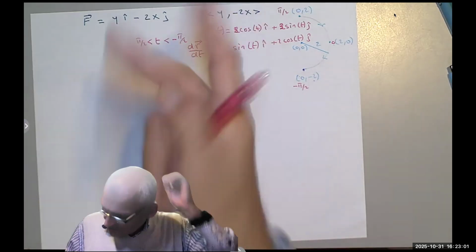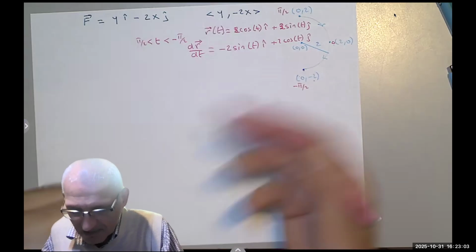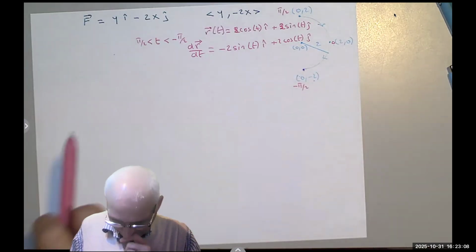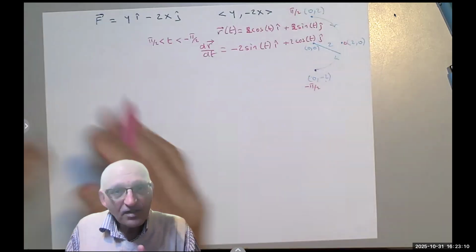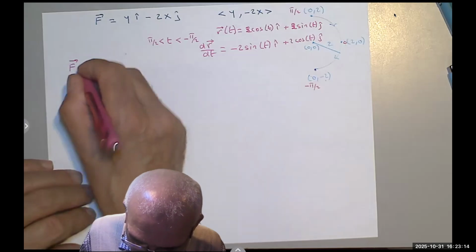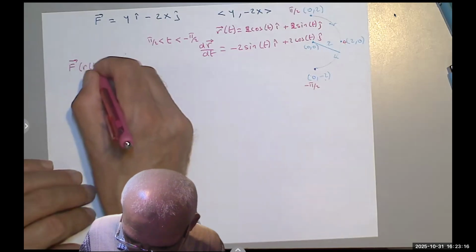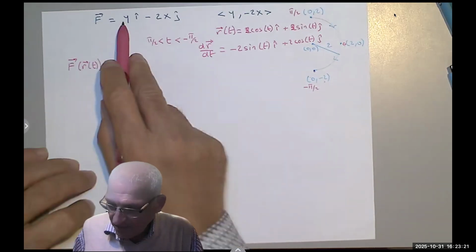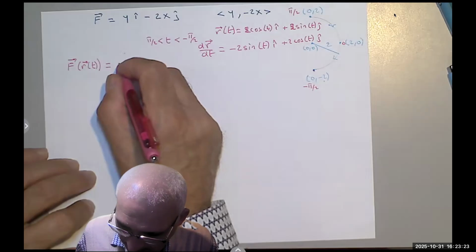So I'm going to just take the negative of the integral and make it from negative pi over 2 to pi over 2. Okay, so like we learned last time, I'm going to rewrite my force as a function of r of t. So it says y, well, the y is 2 sine t.